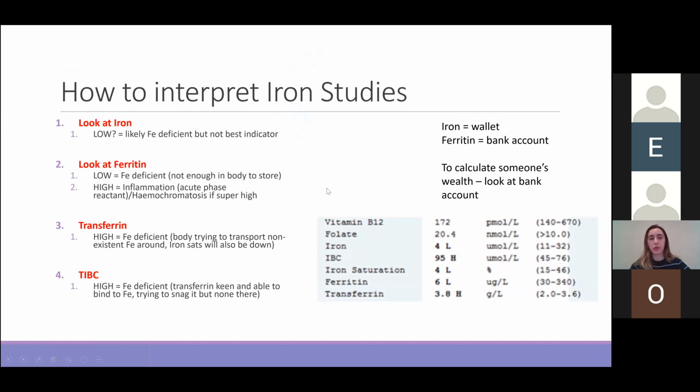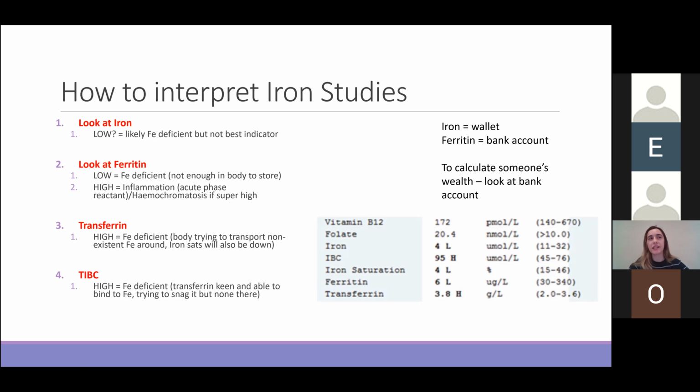We first have to look, pretty obviously, at iron. So we look at the iron, and if it's low, it's likely you're iron deficient, but it's not the best indicator. You actually want to go to your ferritin. So your ferritin is your iron storage. We had this analogy where your iron is like someone's wallet.